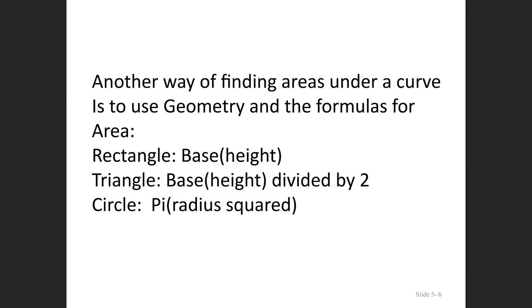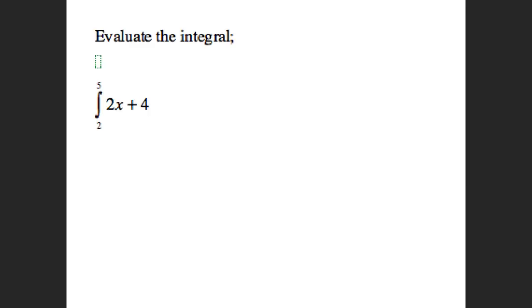Another way of finding areas underneath curves is to use geometry and the formulas for area. Area of rectangle, base times height. Triangle, base times height divided by 2. Circle, pi times radius squared. I could throw trapezoid in there, height times base 1 plus base 2 divided by 2. Any type of formula from geometry you can use this week.